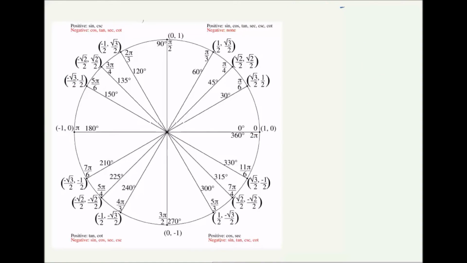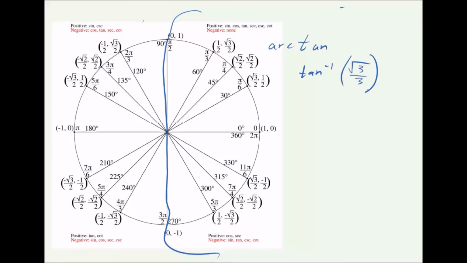The last one we need to do an example of is arctan, or tangent^-1. And just like sine, arctan has to be in this area of the unit circle. So let's say we want to find tangent^-1 of square root of 3 over 3. Now tangent's a lot harder because tangent's not actually x or y, but rather tangent of an angle is y over x.